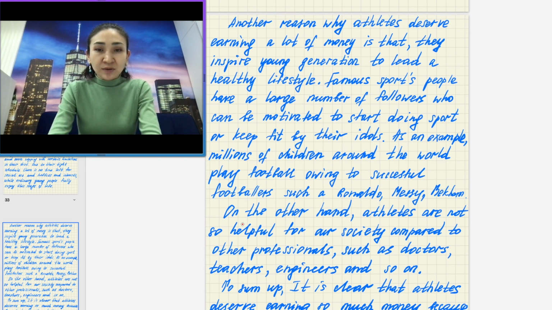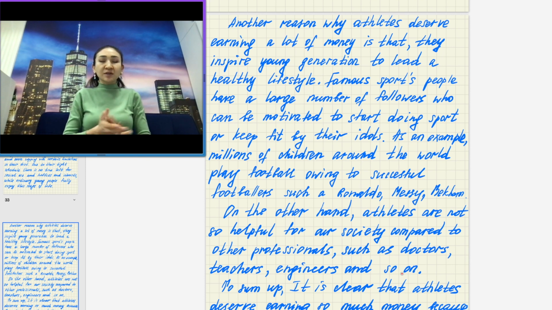So further, on the other hand, athletes are not so helpful for our society compared to other professionals such as doctors, teachers, engineers, and so on. So basically in this part I just describe why there is an opinion that the money which they earn is not fair, because there are more useful people in our society who deserve more money.